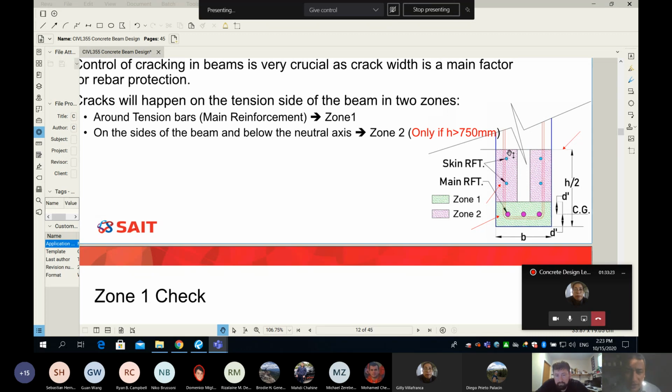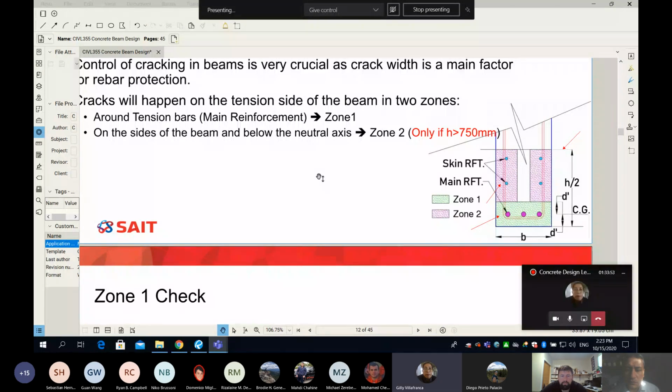This one point is not easy, I can tell you, because concrete has a little bit of tensile resistance, which means it's kind of complicated, and that's why the code tries to make our life easy and asks us to use half of your beam. If you are interested, come see me one-on-one, and I will show you. It's not really an easy discussion to know where exactly the crack will stop.